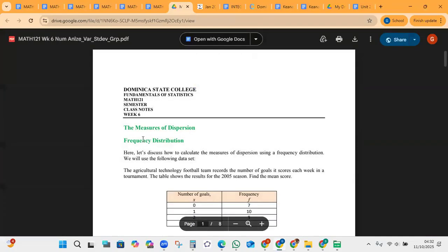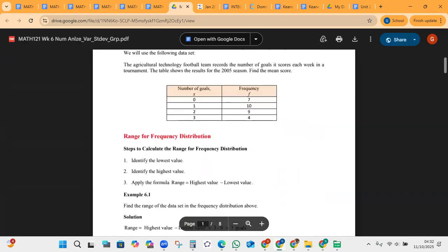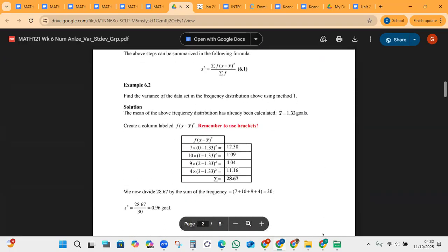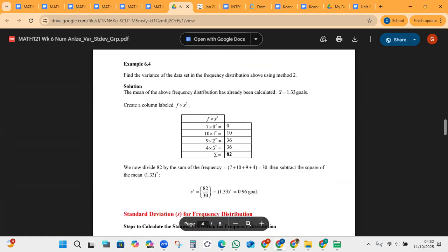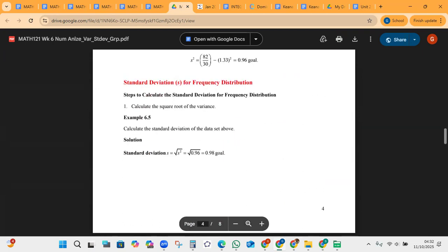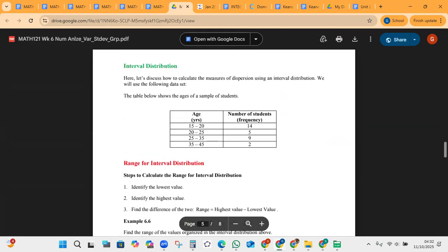So with 6 measures of dispersion, this is for grouped data. You have grouped by frequency, and you have to scroll down to grouped by intervals, interval distribution.